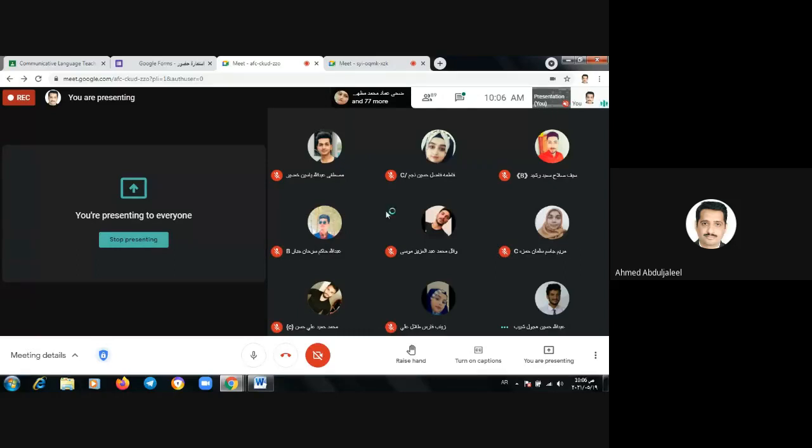Here, according to CLT, we are not going to say they are not going to be used. No, it will be used, but where necessary. Where necessary. This is the point. So it will be used, but not all the time, because here the aim is just to speak in the target language. That is when there is something which is too difficult to be explained in the target language.